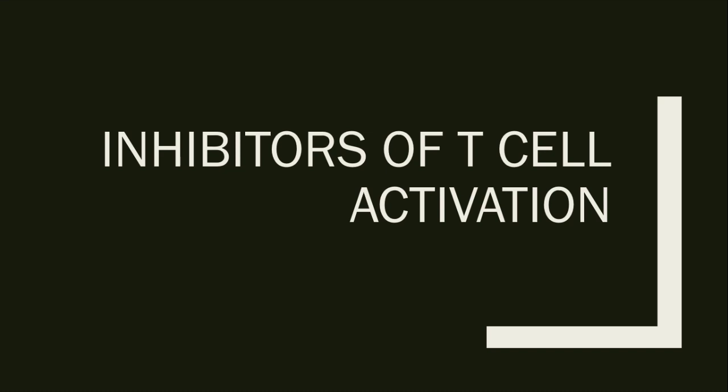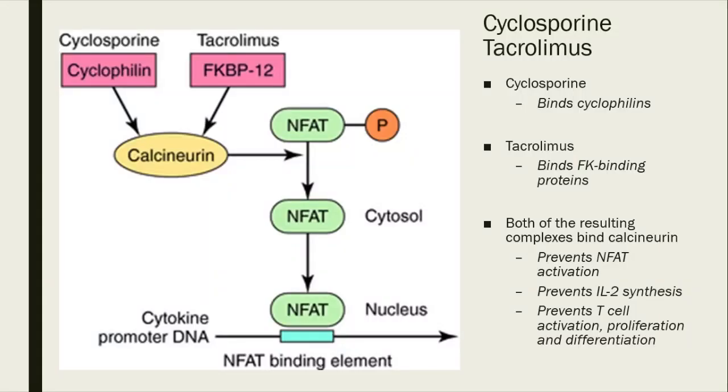So let's look at the inhibitors of T cell activation. Like I mentioned earlier, these include some of the small molecule drugs such as cyclosporin and tacrolimus. You will see a very similar slide that I will present in the GEM module again. In brief, what is happening in this graph is that there is a protein called calcineurin.